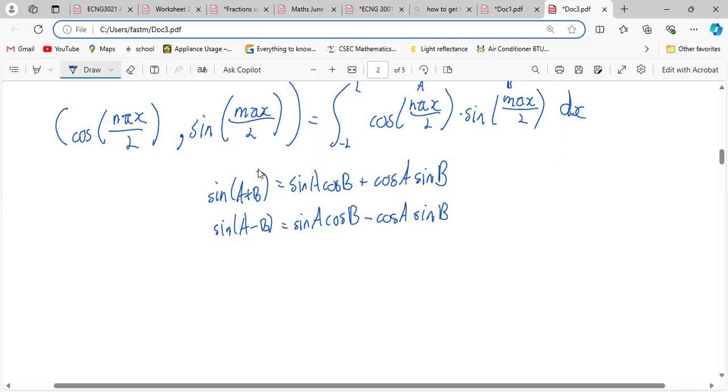What you want is this cos A sine B. You want this piece here, so you have to get rid of this one here. To get rid of it, this is plus and this is plus, so it's minus. You subtract everything.